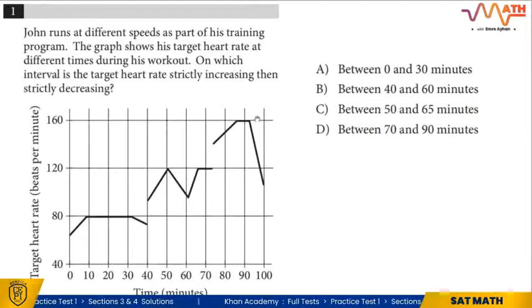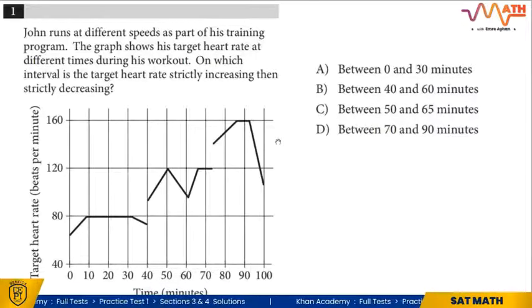Continue with section 4. John runs at different speeds as part of his training program. The graph shows his target heart rate at different times during his workout. On which interval is the target heart rate strictly increasing and then strictly decreasing? Between 0 and 30 minutes: yes, between 0 to 10 there's an increase, and it's constant.